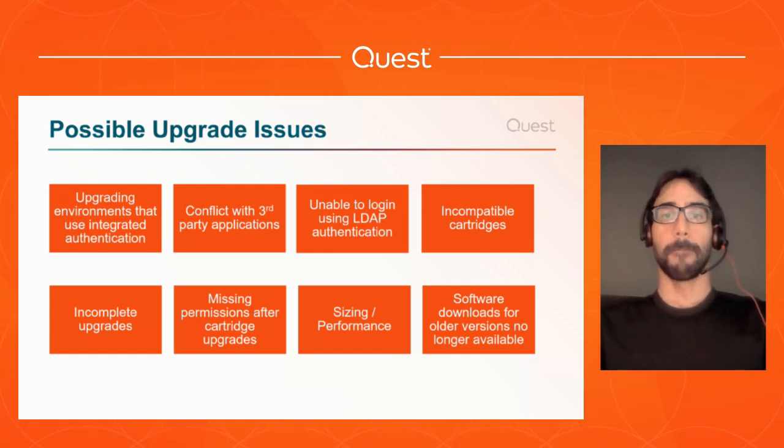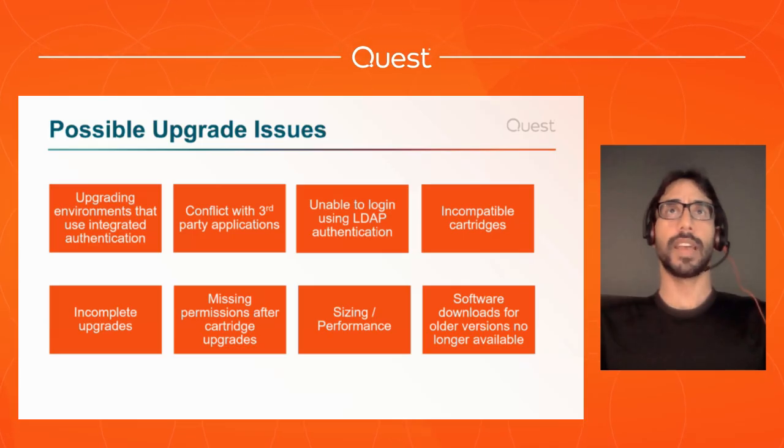There are also incomplete upgrades. The most common scenarios in these cases are that the upgrade wizard or the agent package deployment is pending to be completed, but it could also be that some cartridges are yet to be installed. We also have sizing and performance issues. For example, the memory allocations for the agent managers may not be enough, and there could be other performance issues on the server.